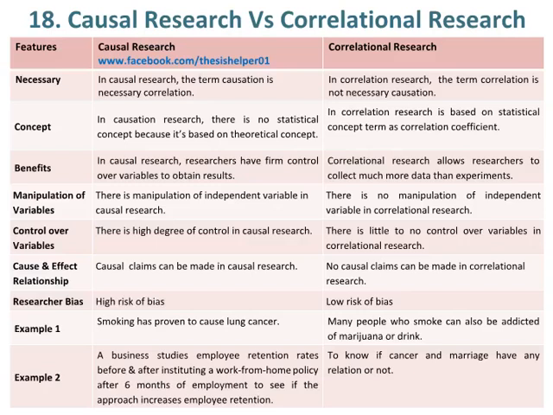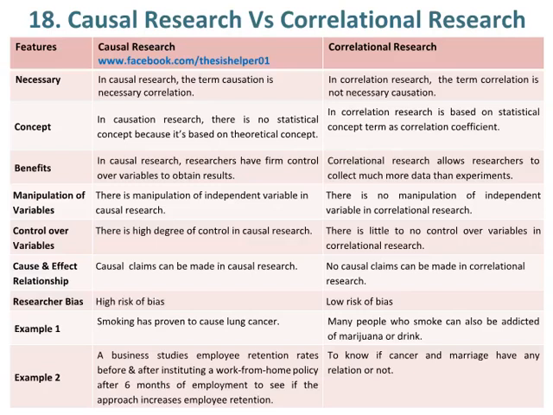Whereas, correlational research allows researchers to collect much more data than experiments. There is manipulation of independent variable in causal research, whereas, there is no manipulation of independent variable in correlational research.